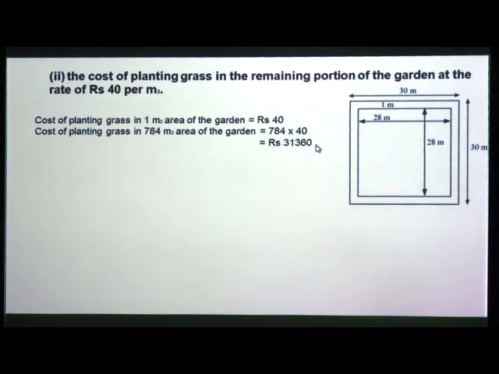It is the amount required to plant grass in the garden. So, this is the cost required, 31,360 rupees.